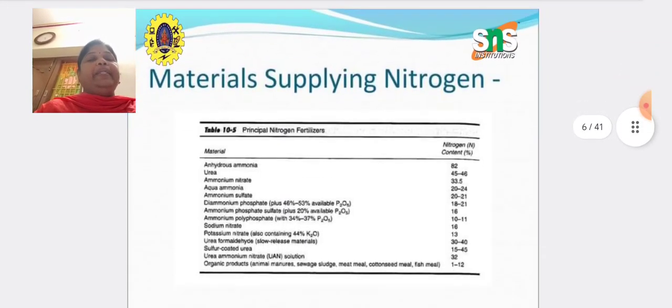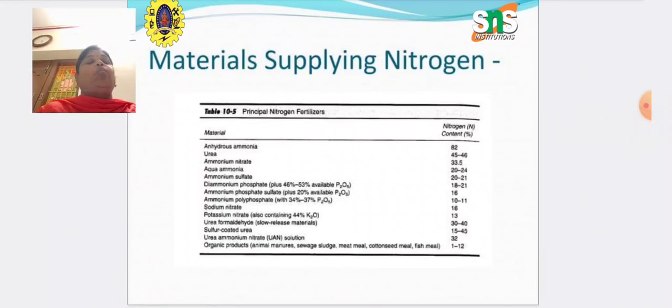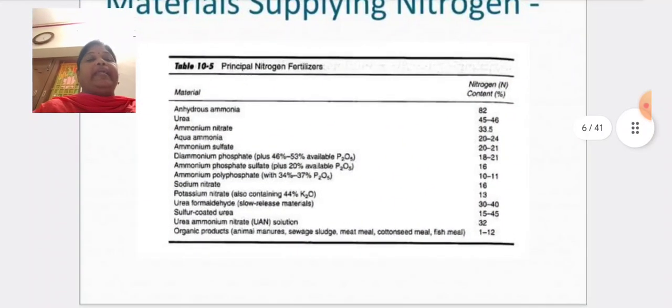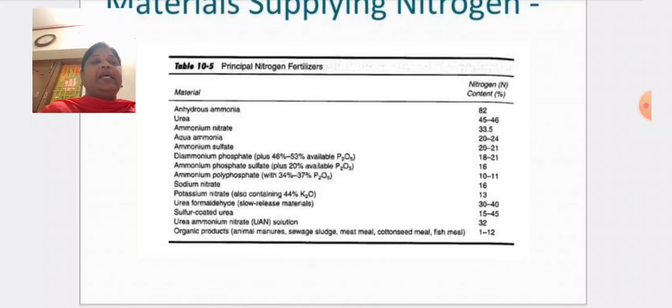Then the materials that supply nitrogen. What are the materials that supply nitrogen? The nitrogen content is also given in this slide. First is anhydrous ammonia, its nitrogen content is high, 82%. Then another one is urea.